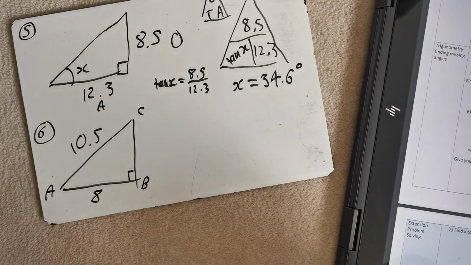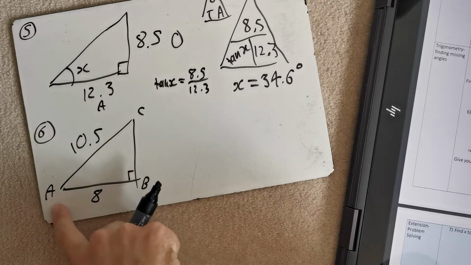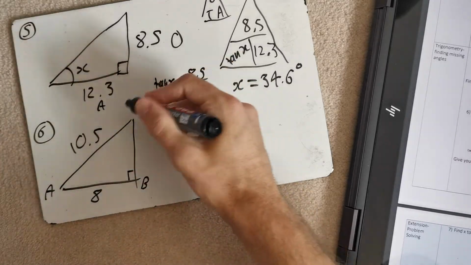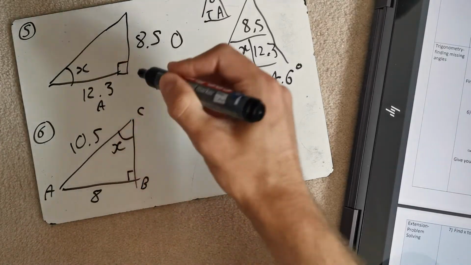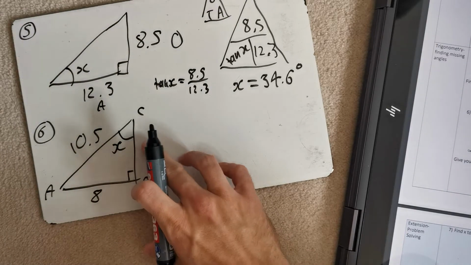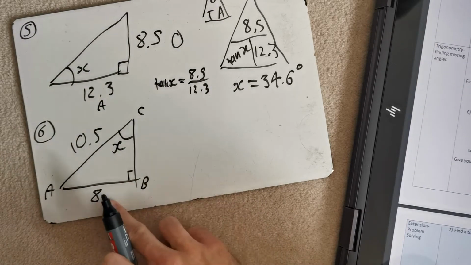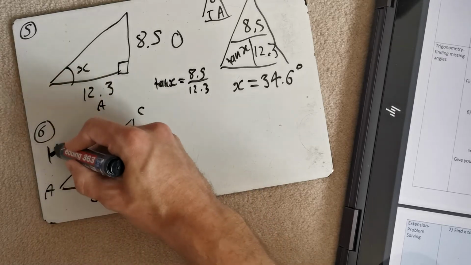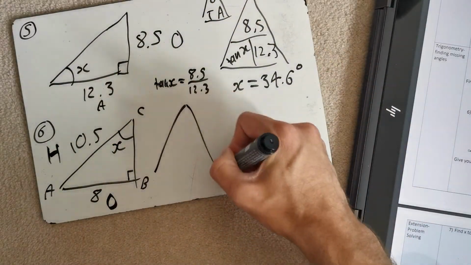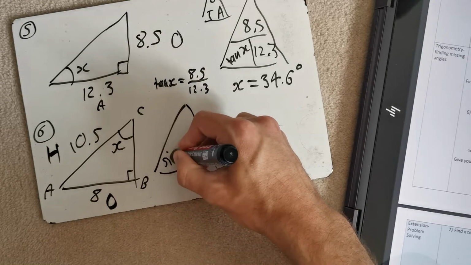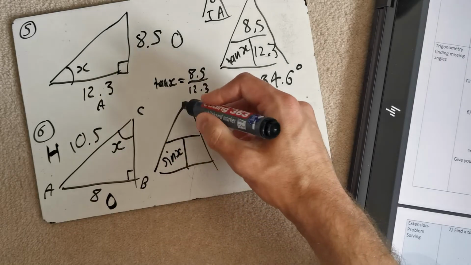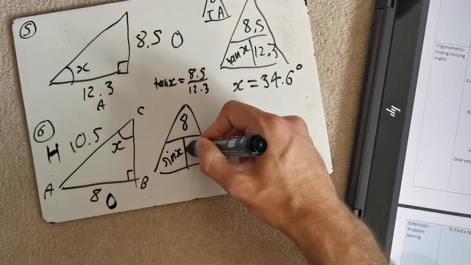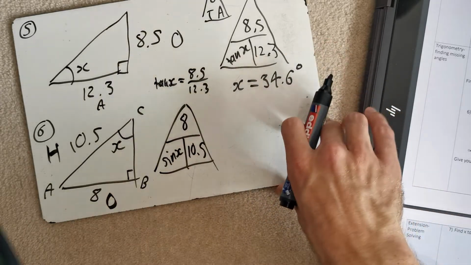Okay, next up, again label the sides. We're trying to find out what angle ACB is. ACB. That means whatever's in the middle. So we're trying to find out what that one is. Okay, so now we've got that. What's opposite? That's opposite. And that is the longest side. That's the hypotenuse. Okay, so sine x goes there. Opposite goes on top. Hypotenuse goes down here.